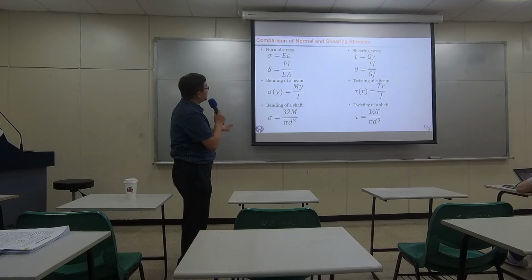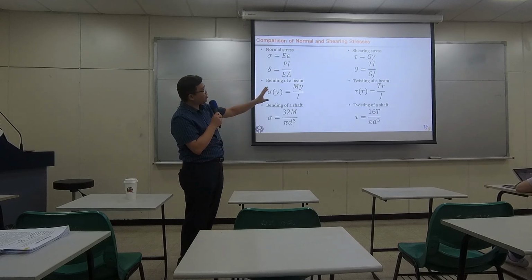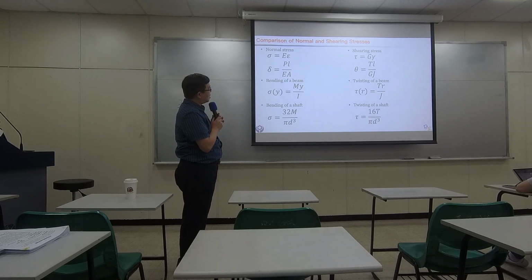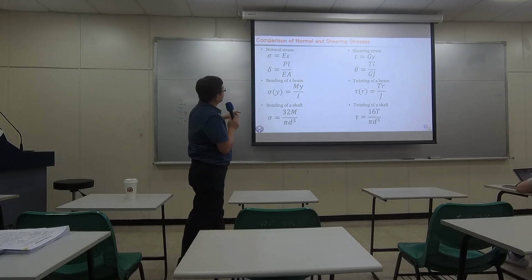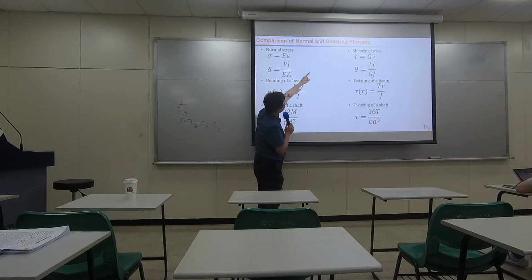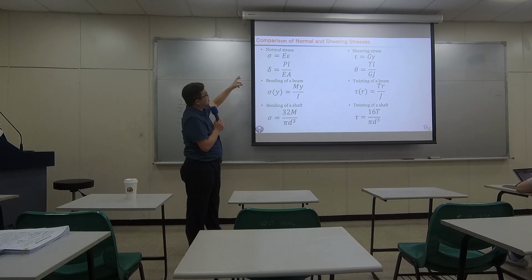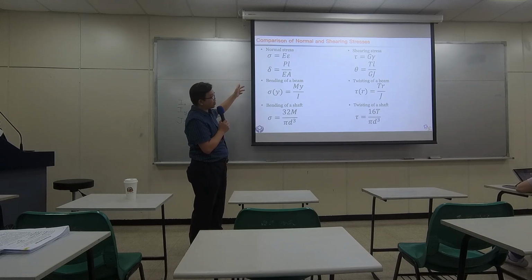Here's the comparison I want to show you. For normal stress and shearing stress, they have some similarities in equations. I put them together so that you can easily find a relation. The first equation basically describes elasticity: how stress and strain are linearly related to each other.